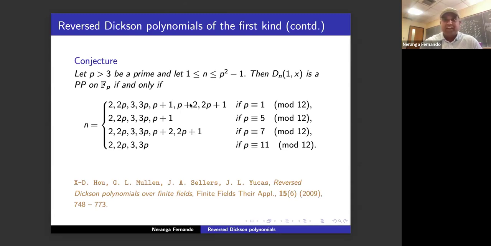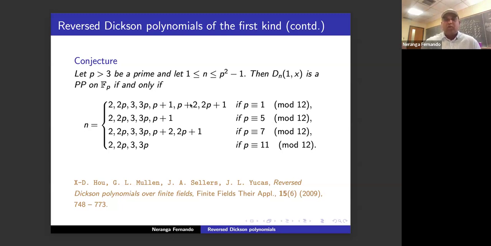We started with this conjecture that appeared in the very first paper, in which the reverse Dickson polynomials were introduced. The authors in this paper showed that all these indices are sufficient for the polynomial to be a permutation polynomial, but the other side remains open. So if you want to prove the conjecture, you need to prove that these indices are necessary as well.